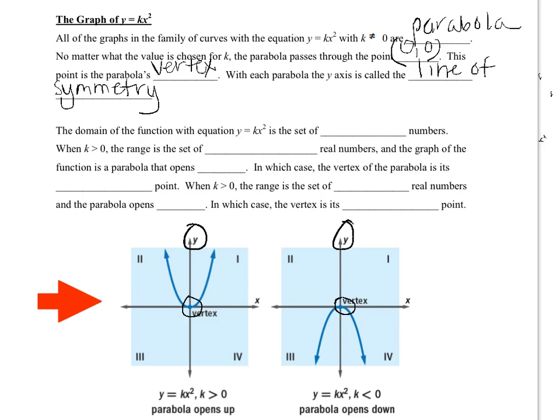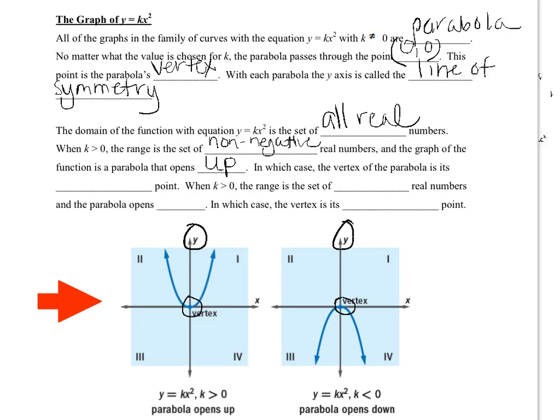The domain of the function with the equation y equals kx squared is the set of all real numbers. When k is greater than 0, the range is the set of non-negative real numbers. And the graph of the function is a parabola that opens up. And that's what we're looking at on this left graph.